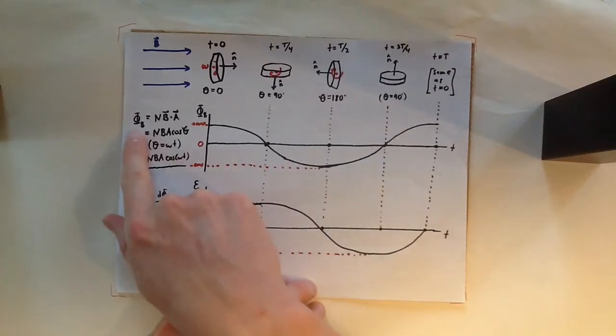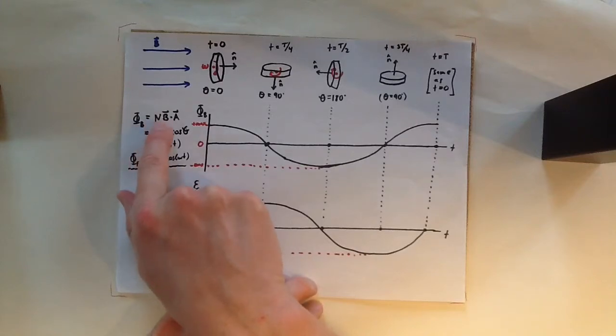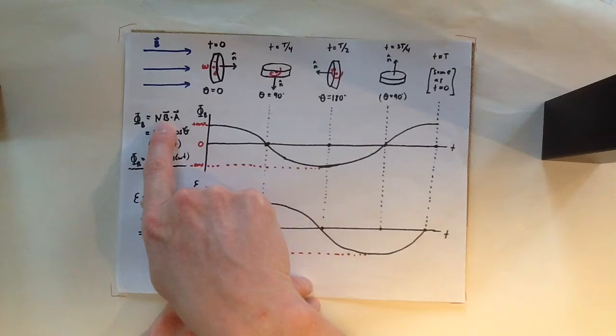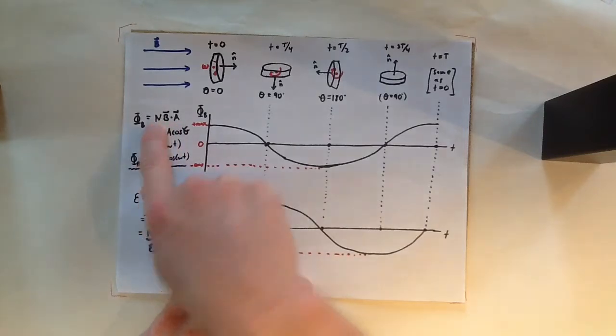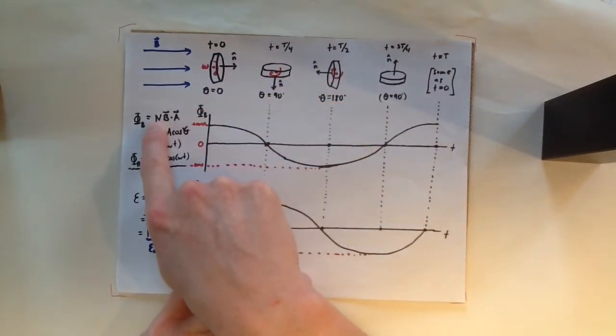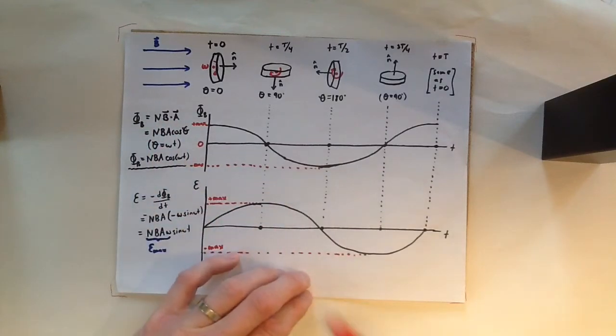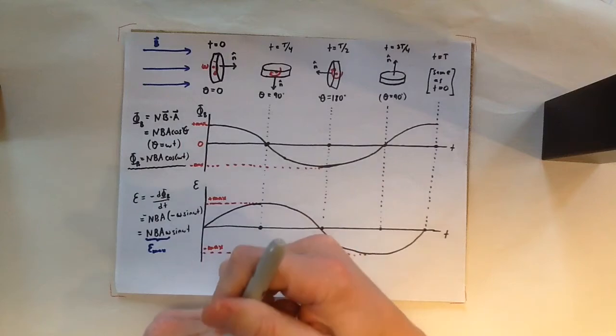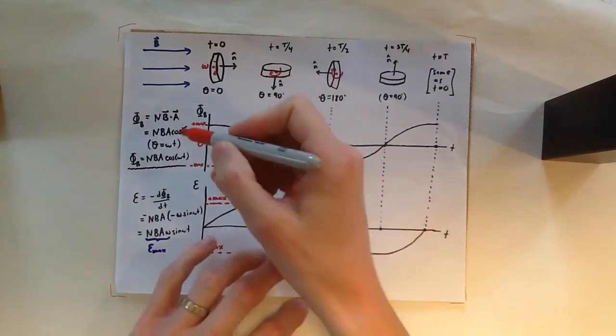So let me remind you how you compute flux. If the magnetic field is constant across the entire area, then you can just do B dot A, and if you have a number of loops catching it, then we can multiply by the number we have to get the total flux caught. So B dot A is BA cosine theta, where theta is the angle between the magnetic field and the normal vector.